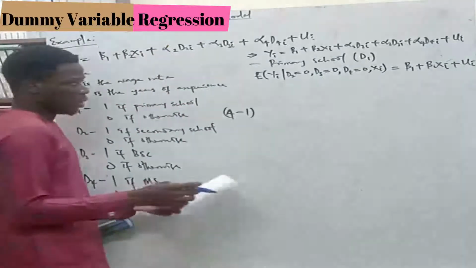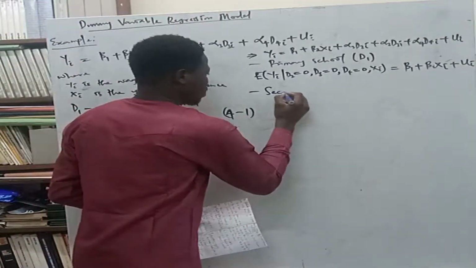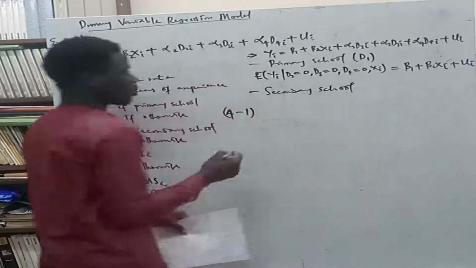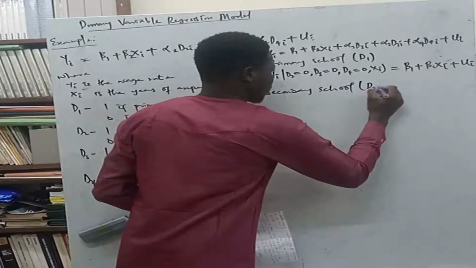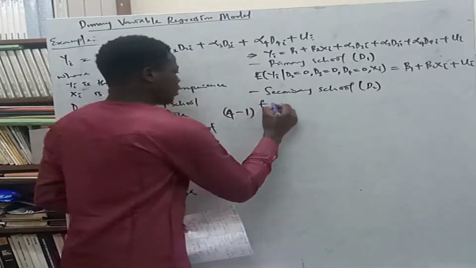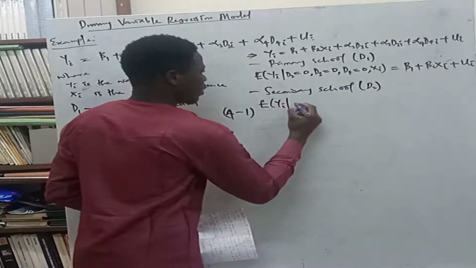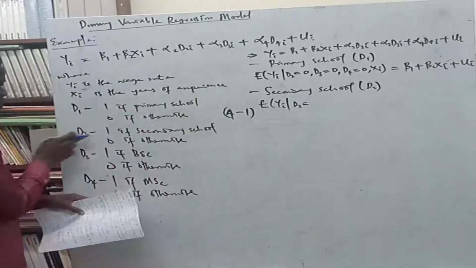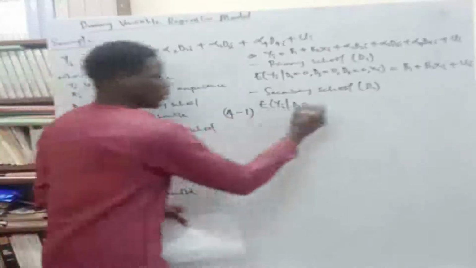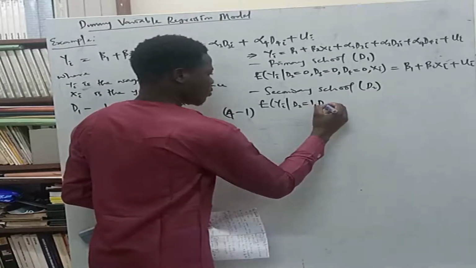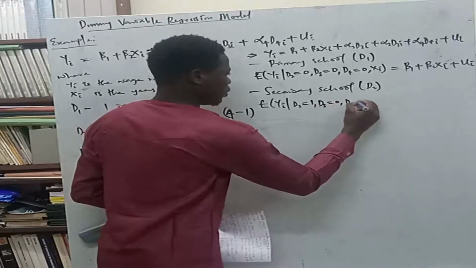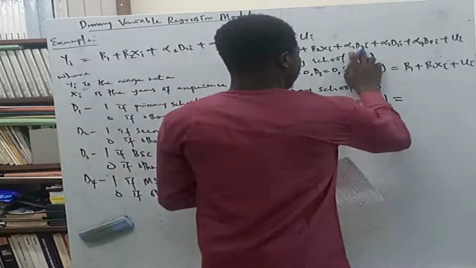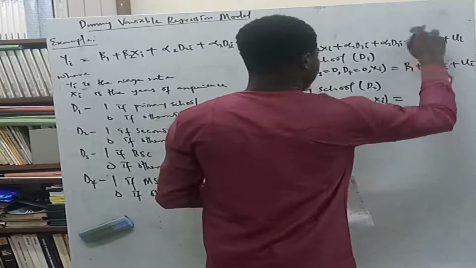So for those who have a secondary school certificate, that's D2, what will be the expected value of their wage rate? In this case, we're looking at D2, 1 if secondary school. So this will be 1, then D3, 0, D4, 0, then we have xi. Once you put 1 here, then 0, 0 here, everything here goes.